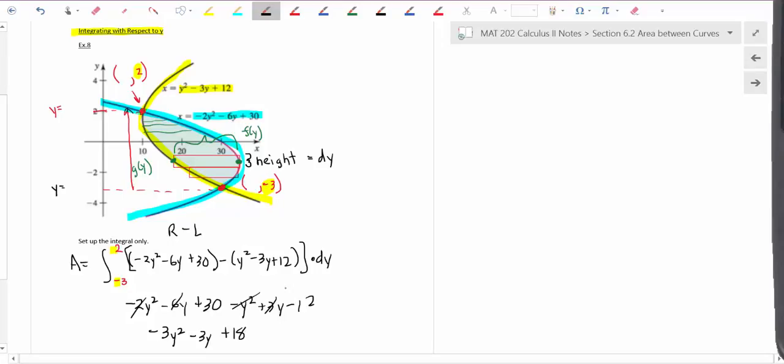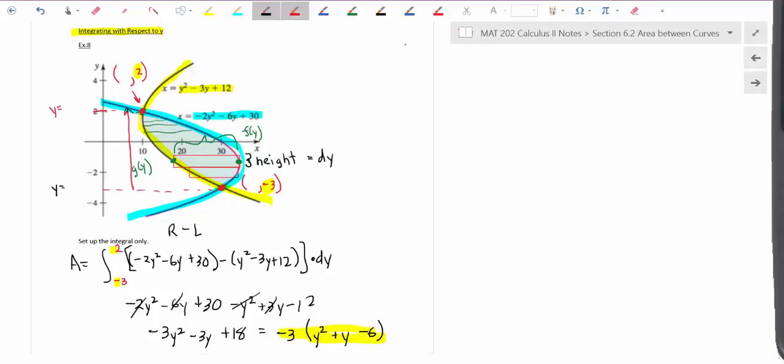What I would suggest is to factor a negative 3 out of that. You could also factor a 3 out, it's up to you. So I'm going to go y squared plus y minus 6. This is the function I'm going to be integrating after I simplify.